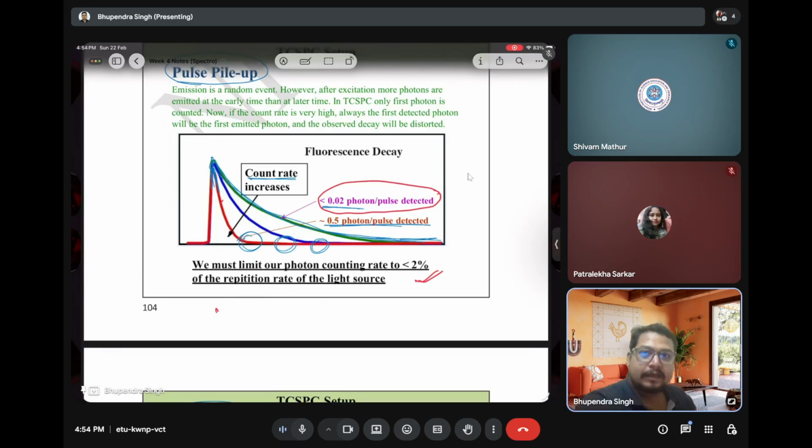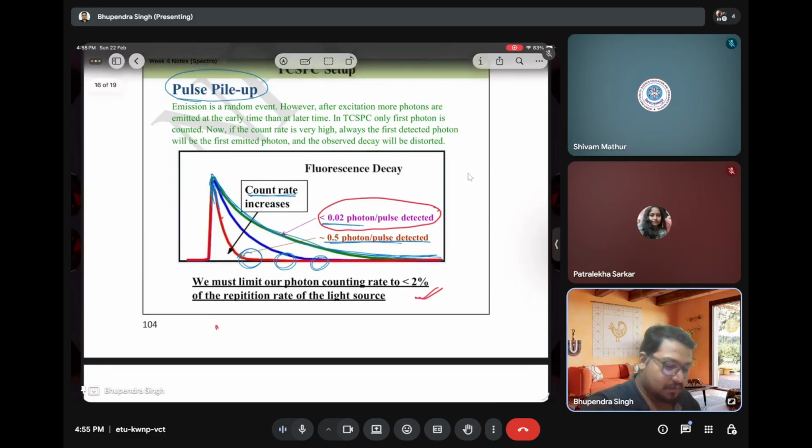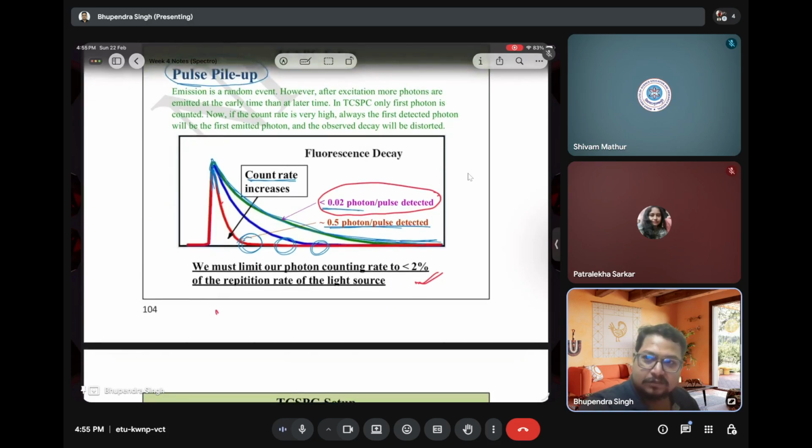I have done TCSPC during my PhD. My PhD is still going on, so I know how to manage this count rate. You can adjust the lens position, or the slit width, or the concentration of the molecule in your system.